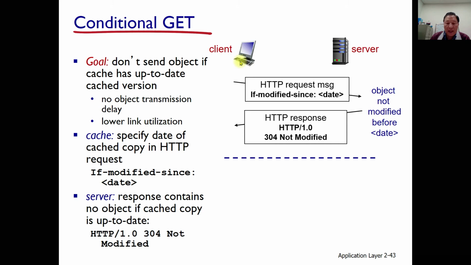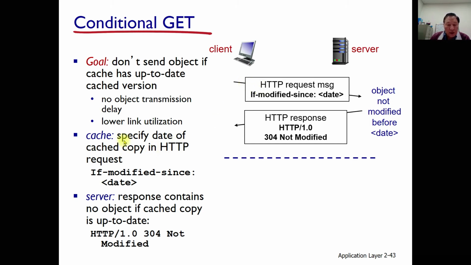Here, let's make it simplified, just the client and server interaction between them. Only that interaction we are considering, then we can understand better. The object transmission delay and the lower link utilization, those are the main goals why we are using this conditional GET to check whether it has been modified or not.